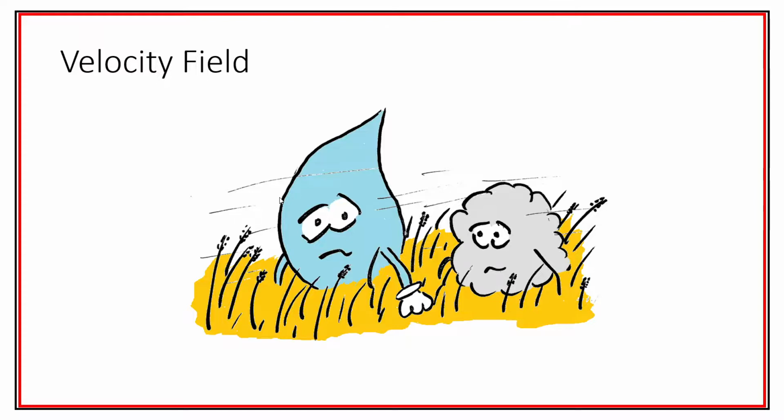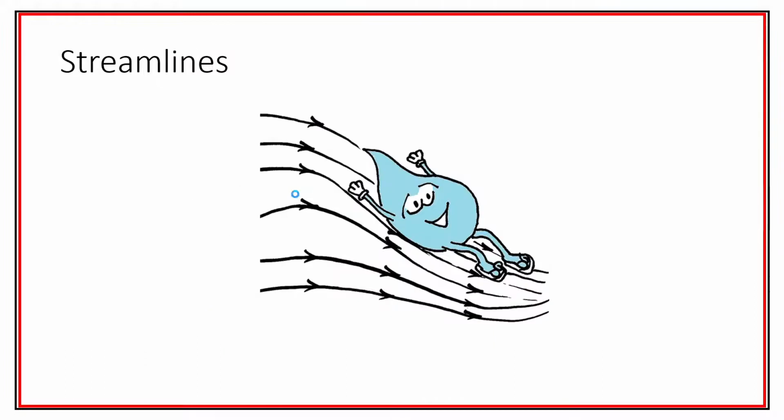So that velocity field concept is something we're going to be looking at. We're also going to introduce this idea of streamlines. It's another way to view how particles together are going to be flowing and moving. And to systematically approach this, we're going to create streamlines.